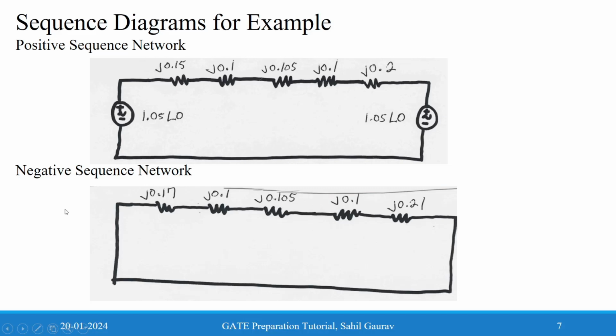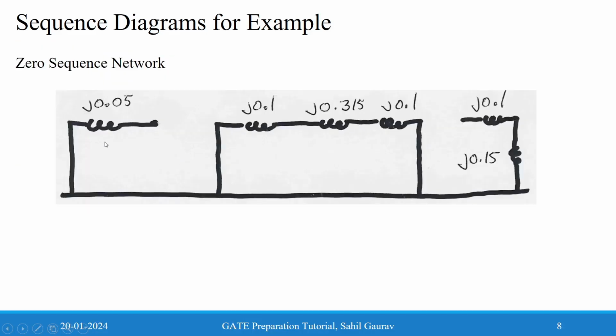So both the generator and motor will be isolated in the zero sequence network, and this shunt switch is closed. That's why the figure is made like this.